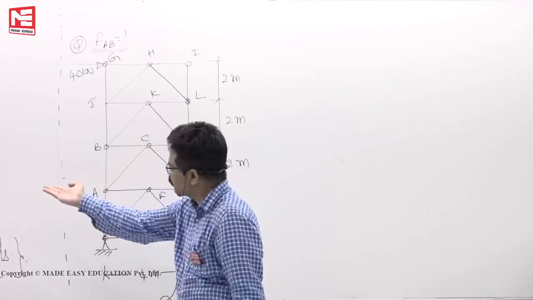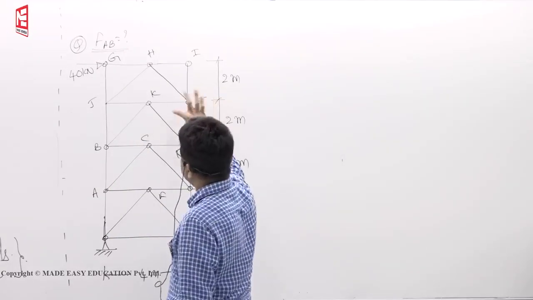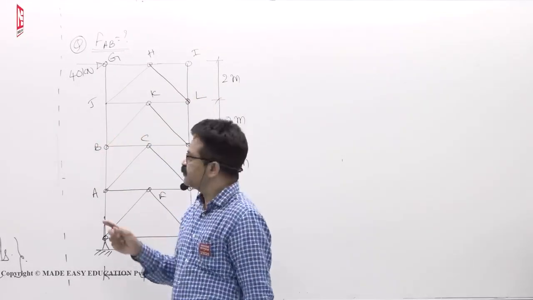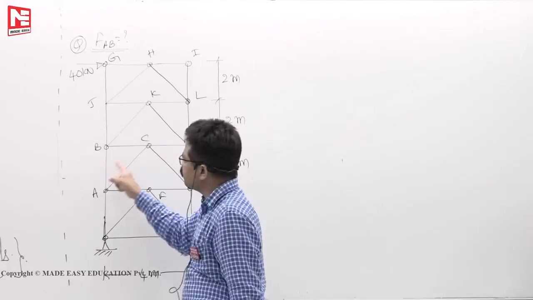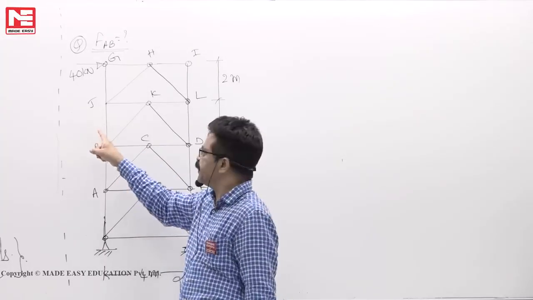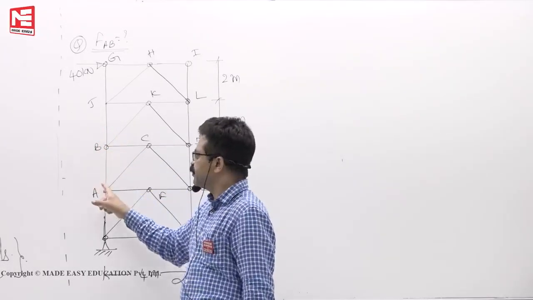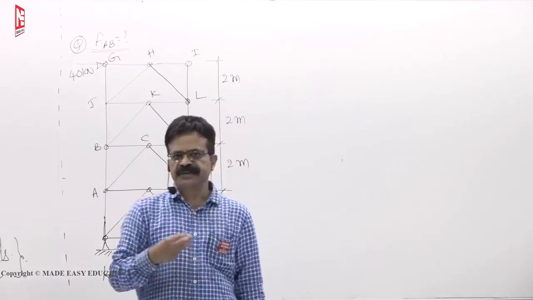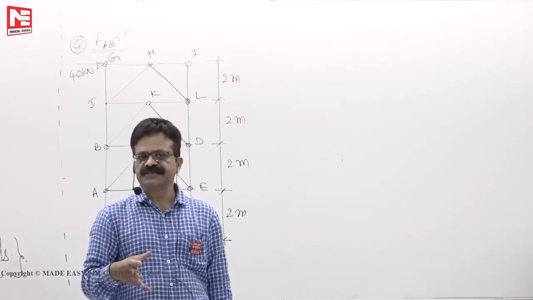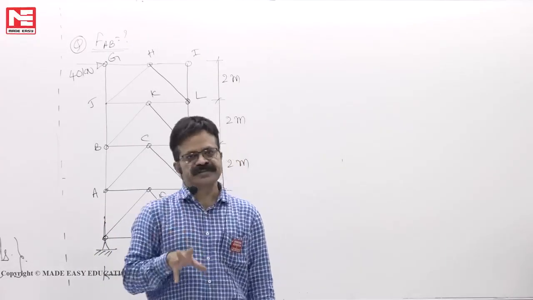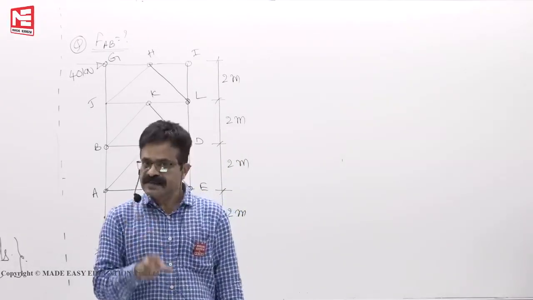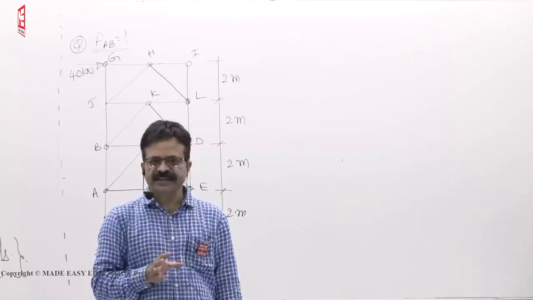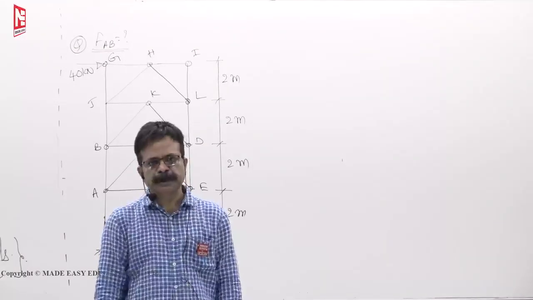If I cut like this, then 1, 2, 3, 4 are cut. Whatever way you cut it, method of joints or method of sections, minimum 4 members are getting cut. In such cases where minimum 4 are getting cut, then you have to cut 4 members only.